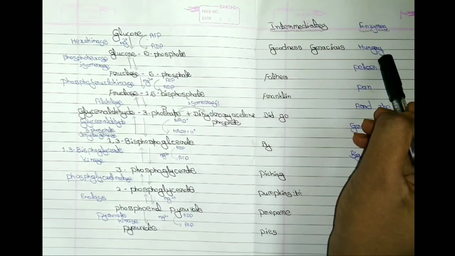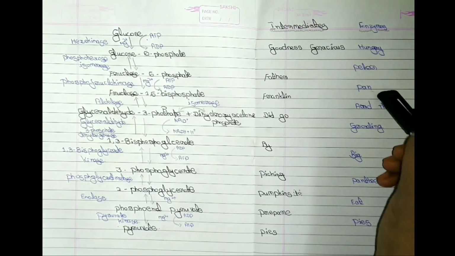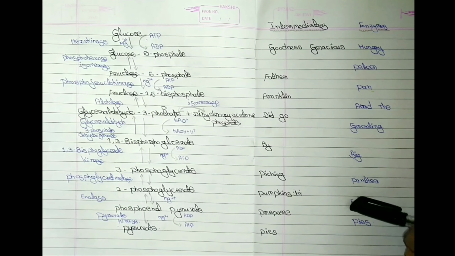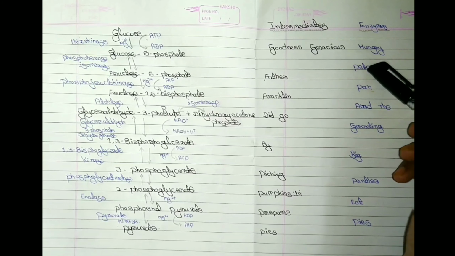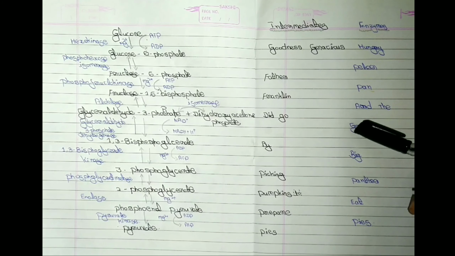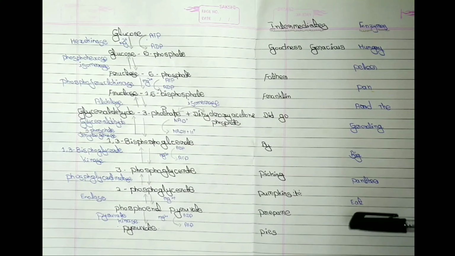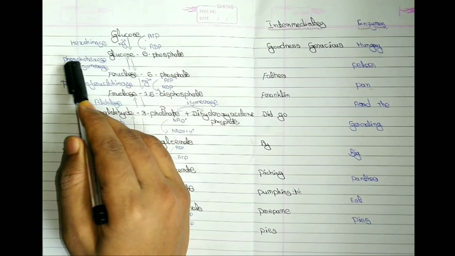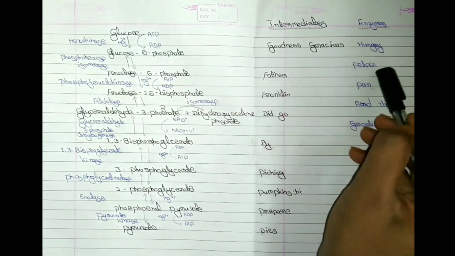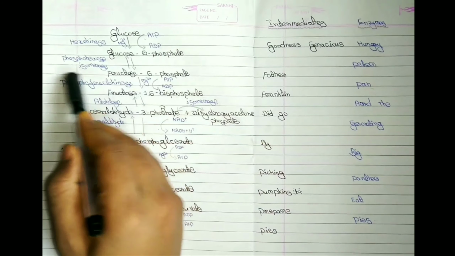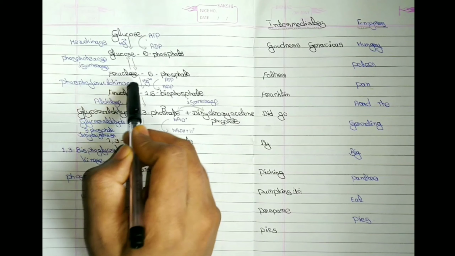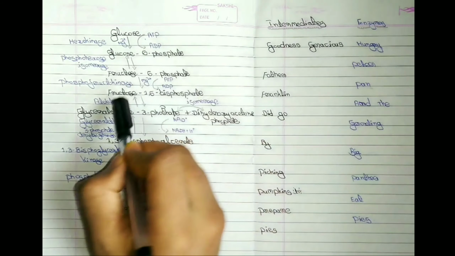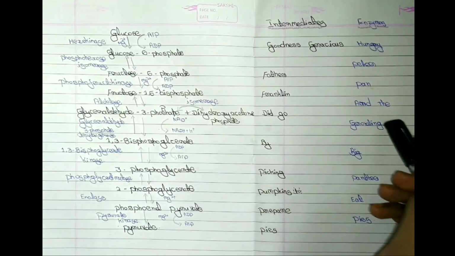Hexokinase: Hungry Peter Pan and the growling big panther eat peas. Hexokinase, hungry. Phosphohexoisomerase, Peter Pan, phosphofructokinase and aldolase.